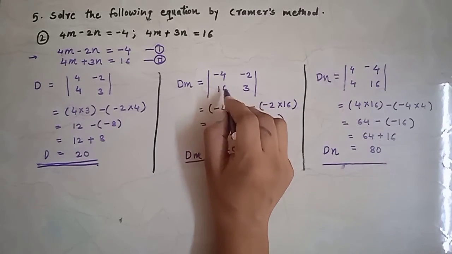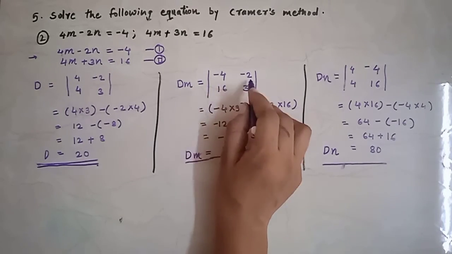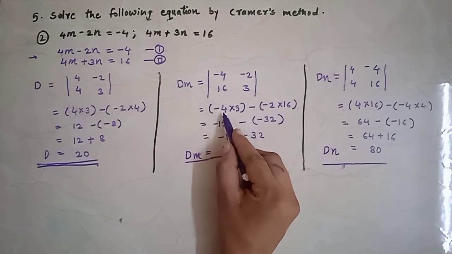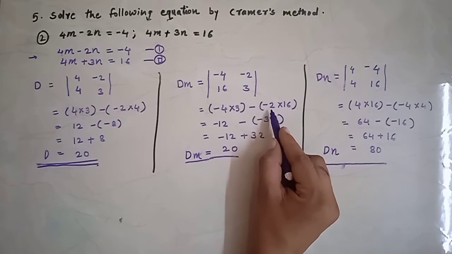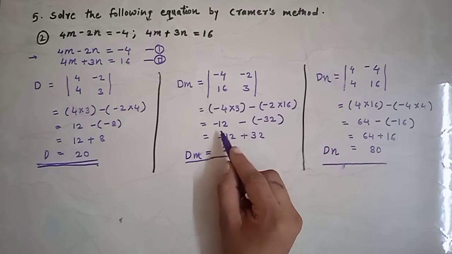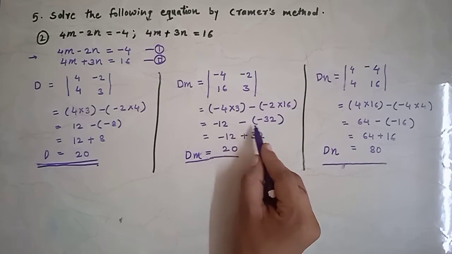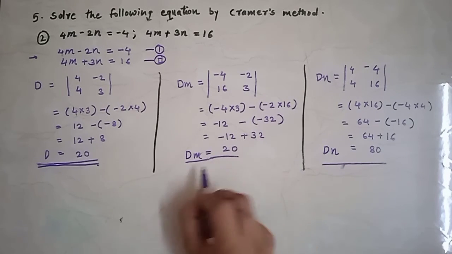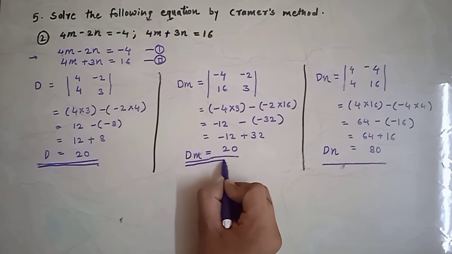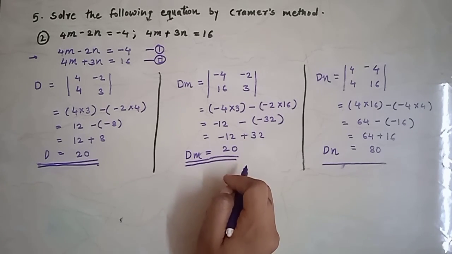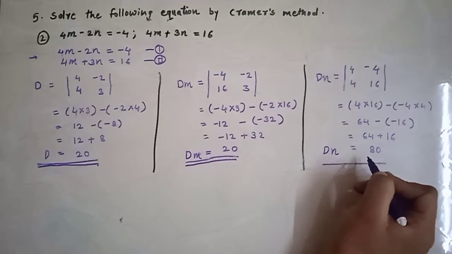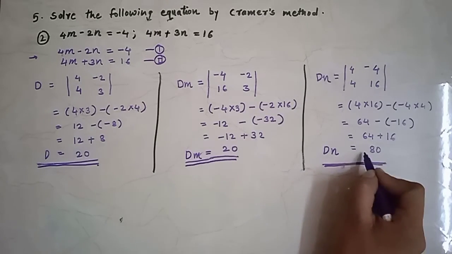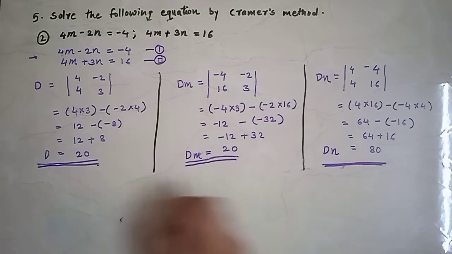So write here minus 4 and 16 and minus 2 and 3. Do the cross multiplication and write your answers. Here Dm is also equal to 20. Now the next one, Dn. Make a determinant and the answer for Dn is 80.